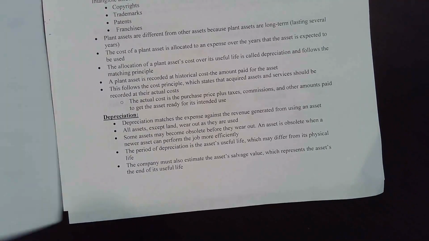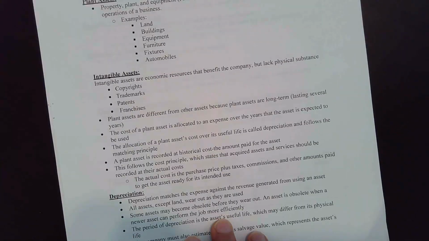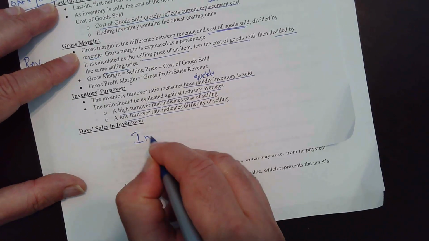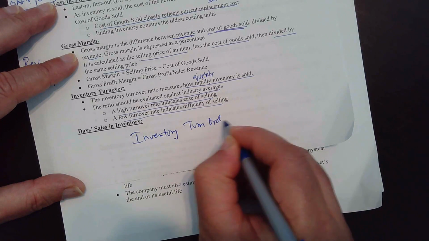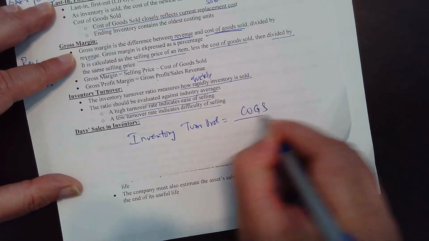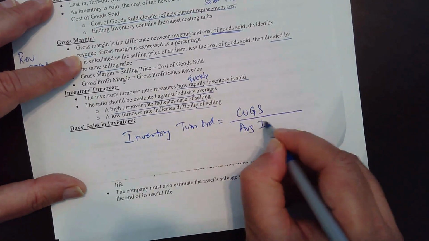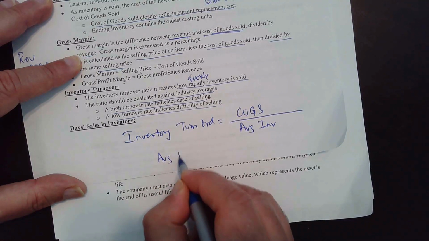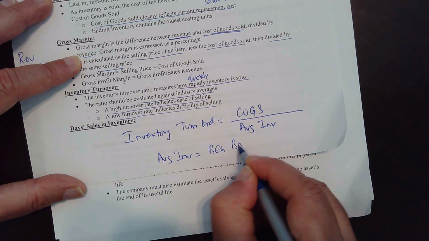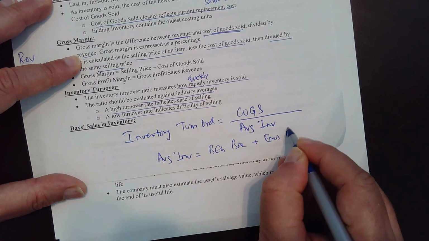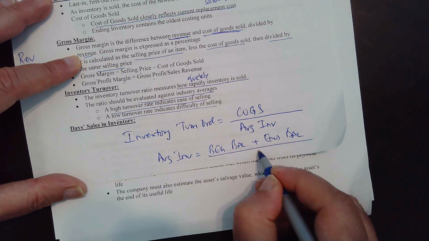Days of inventory. Inventory turnover is cost of goods sold divided by average inventory, and average inventory is equal to the beginning balance of inventory plus the ending balance, divided by 2.